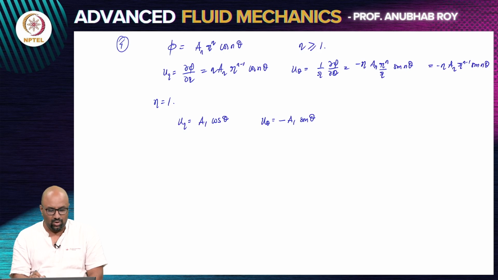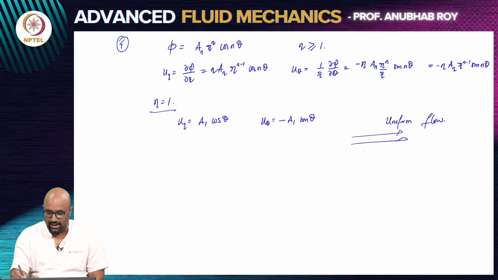So, you will get a uniform flow for n equals 1. This is something which we have already done. We have already looked at this problem writing it in Cartesian coordinates, but it is also embedded in the cylindrical coordinate system, that n equals 1 gives us a uniform flow, streamlines which are moving from left to right.